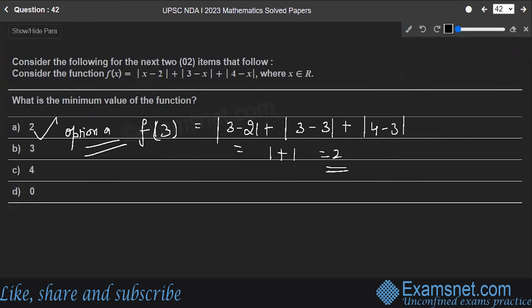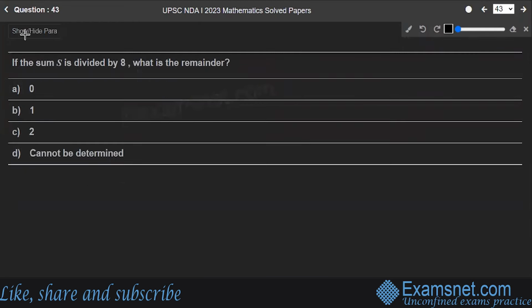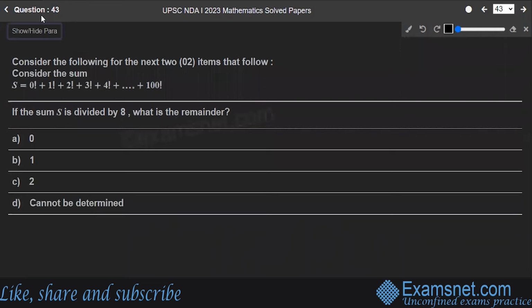Hope that's clear. Next is question number 43. So this statement for 43 and 44 question, you have to consider the statement. Consider the sum S is equal to 0 factorial plus 1 factorial plus 2 till 100 factorial. If the sum S is divided by 8, what is the remainder?